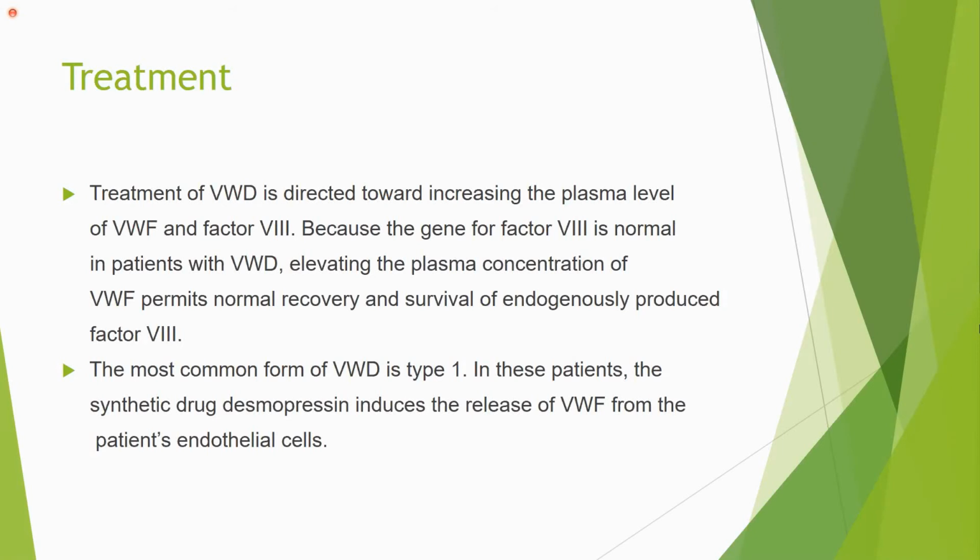But once you know the diagnosis, for mild cases in which bleeding appears only after trauma, or type 1 von Willebrand disease, we can give desmopressin acetate, because it causes the release of von Willebrand factor from the endothelium, and the factor level can be raised. But in moderate to severe cases and in cases of acute bleeding, you have to give factor replacement therapy.